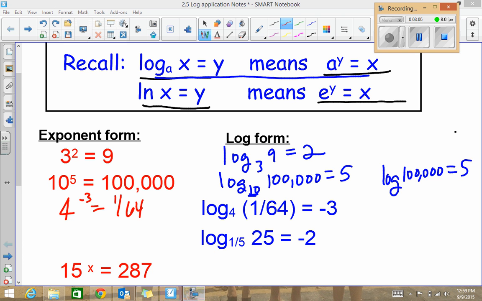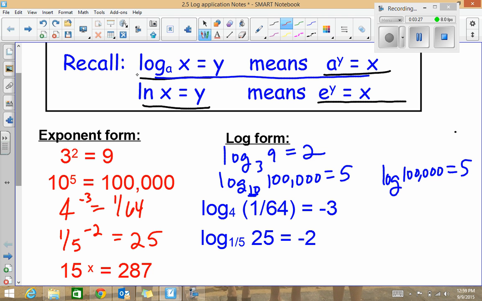Okay, next example, log base 1/5 of 25 equals -2. If we were to write that as an exponential equation, we would say 1/5 to the -2 equals 25. Okay, so again, we're just going back and forth using these equations up at the top.